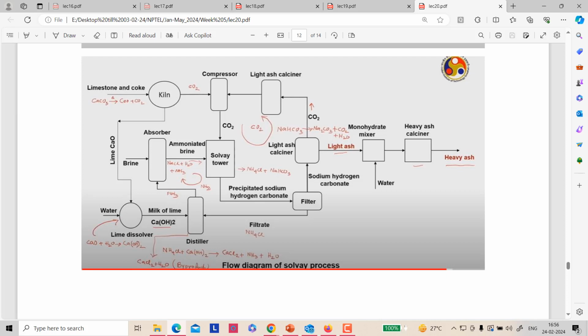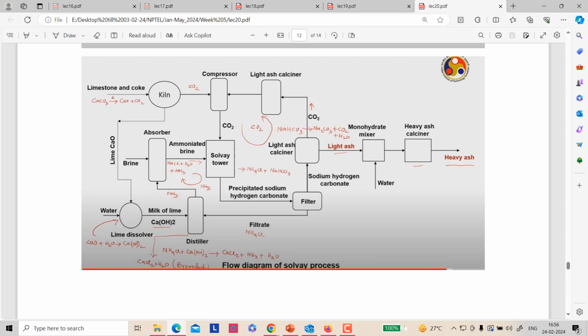This ammonia goes into the absorber where it makes ammoniated brine, which goes to the Solvay process again. So here NH3 is regenerated, CO2 is not emitted from the industries, so that the pollution is reduced. Only the product from this distillate is CaCl2 and H2O.